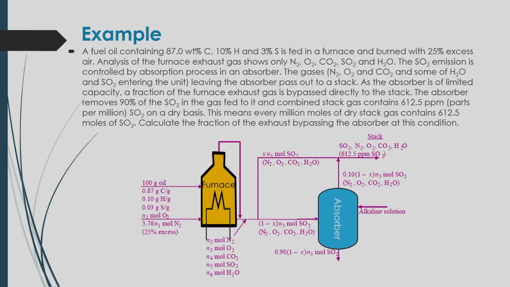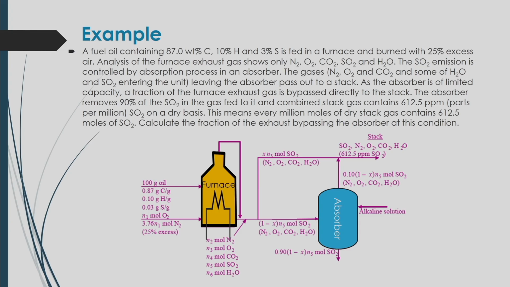The combined stack gas contains 612.5 ppm, parts per million, of sulfur dioxide on a dry basis. This means that every million moles of dry stack gas contains 612.5 moles of sulfur dioxide. In this case, you have to calculate the fraction of the exhaust bypassing the absorber at this condition.